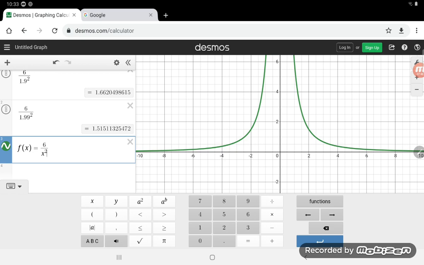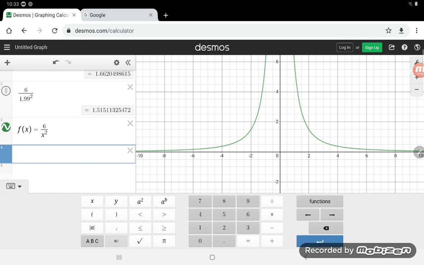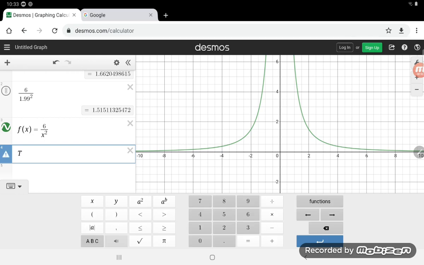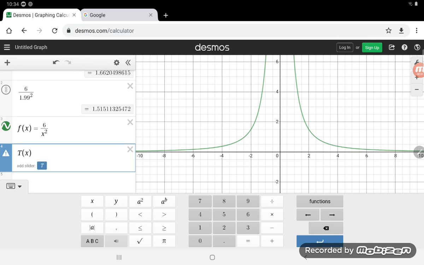So now I could just evaluate f of 1.9 and all of that. But now let's also do the tangent line. And so an uppercase T is okay. I wouldn't use a lowercase t, because that might confuse Desmos.